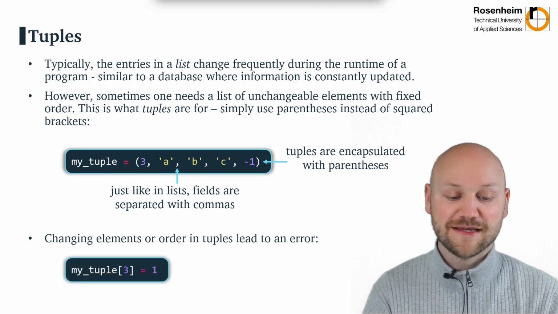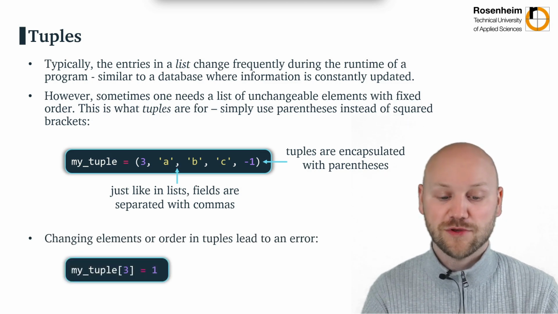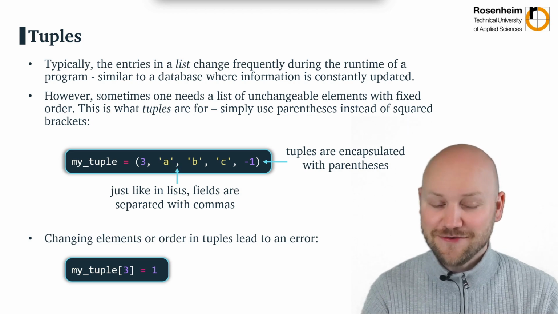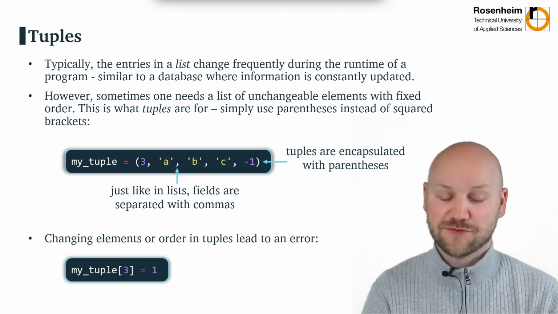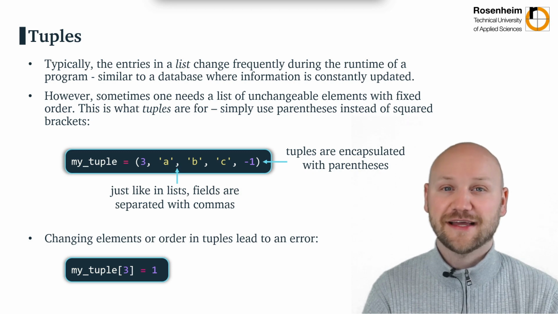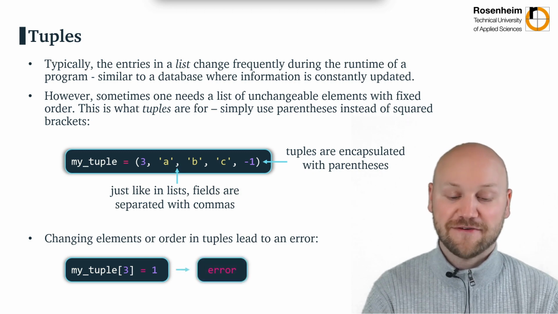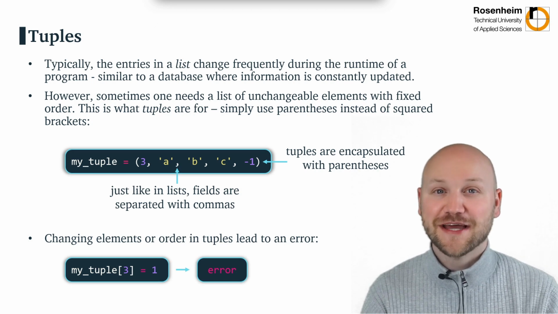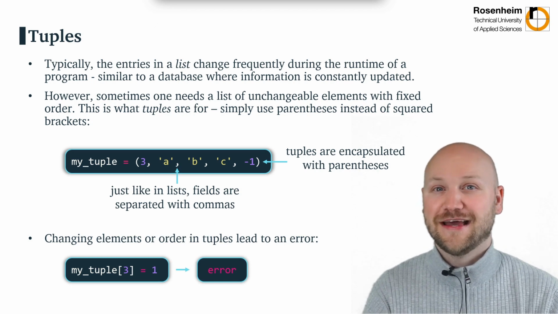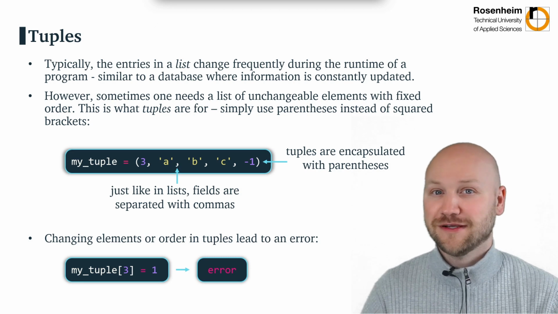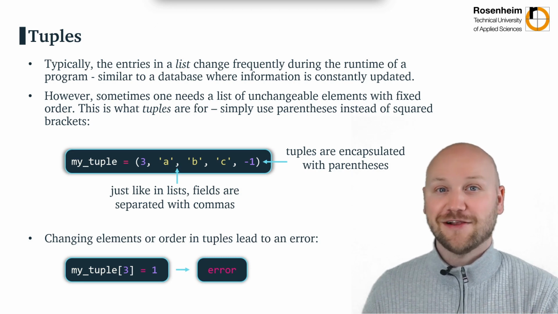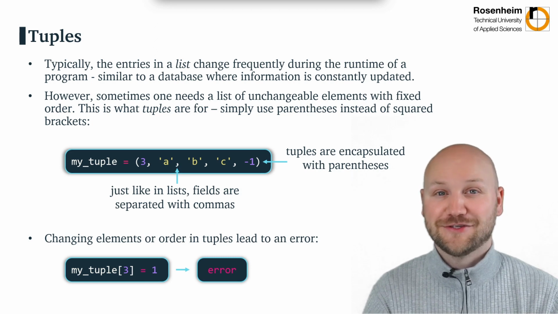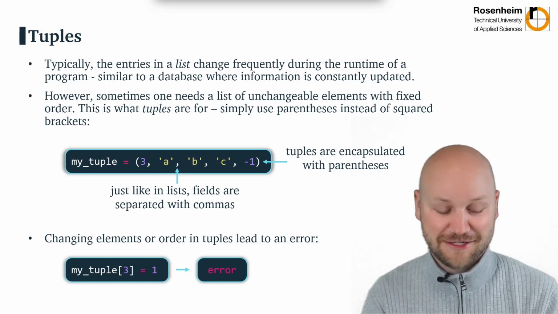So if you write something like this, my tuple of 3, we already know that this is the element with the string C. If you are going to overwrite it with a command like this, we are going to have an error, because a tuple, again, you can't change it. So sometimes when you program, you need a list that is unchangeable, that you don't want to change its value over runtime, then you come up with a tuple and you can achieve that.